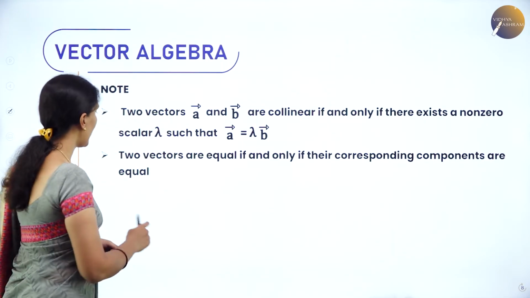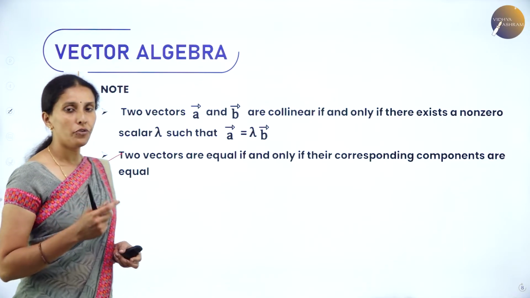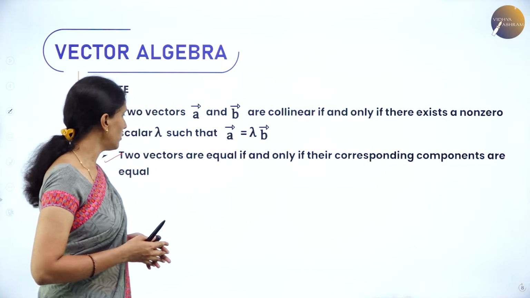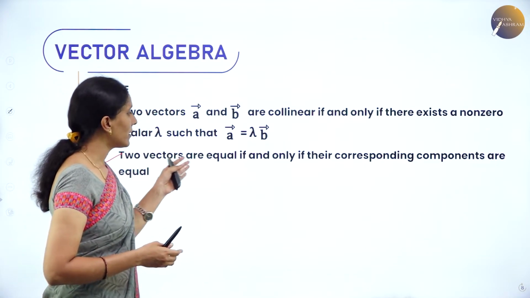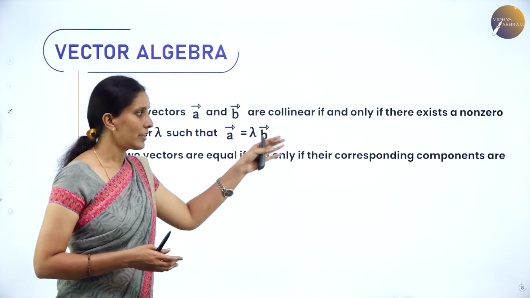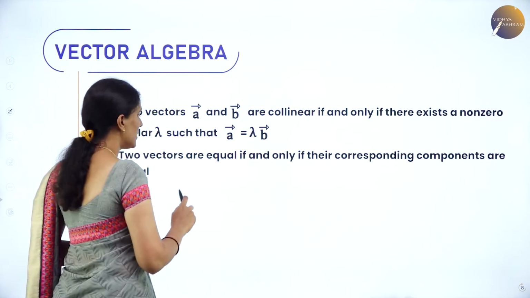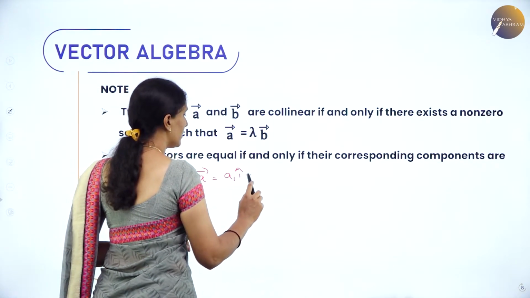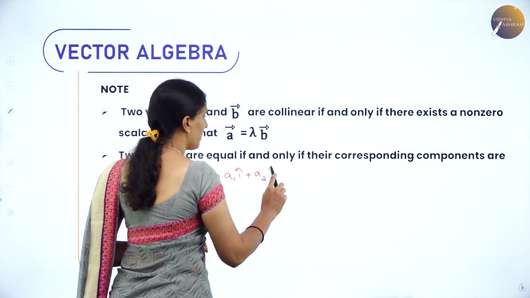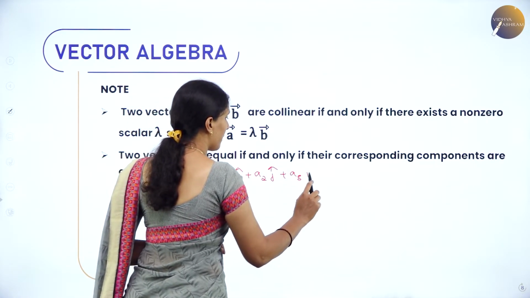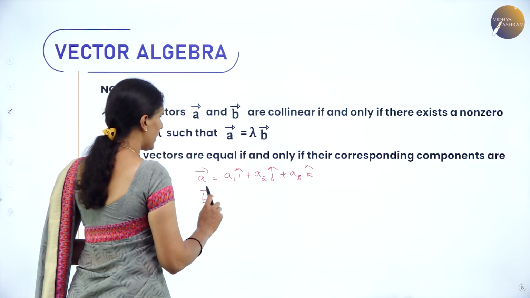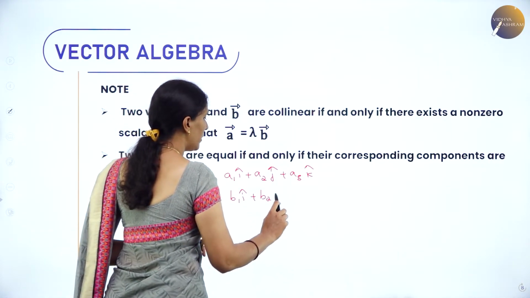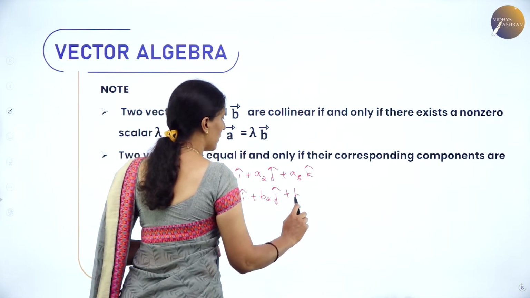So coming to the second point, we know that two vectors are equal if they have same magnitude and direction. So here also, two vectors are equal if and only if their corresponding components are equal. Suppose vector A is equal to A1i plus A2j plus A3k, and vector B is equal to B1i plus B2j plus B3k.